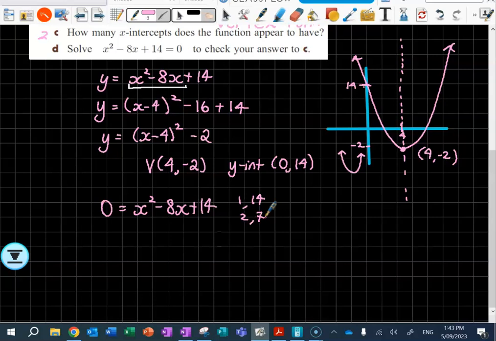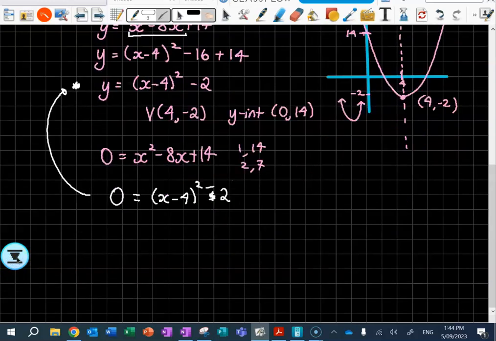What about looking at this bit up here? Can I have everyone's attention, please? Would you agree that this is also the same as 0 equals x minus 4 squared take 2? Do we agree? Yes? So instead of going the quad formula, couldn't I just play around with this? Put the minus 2 on the other side.